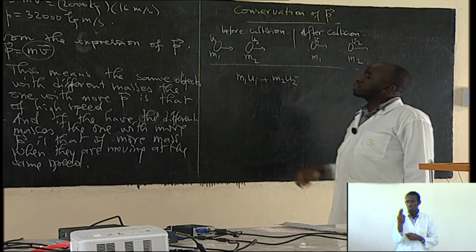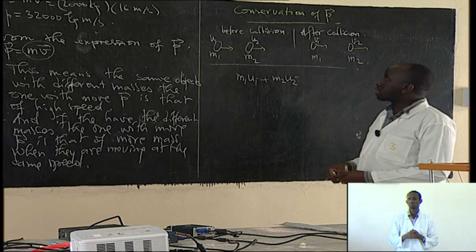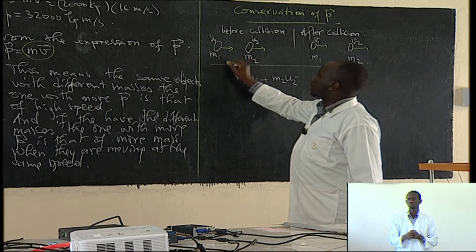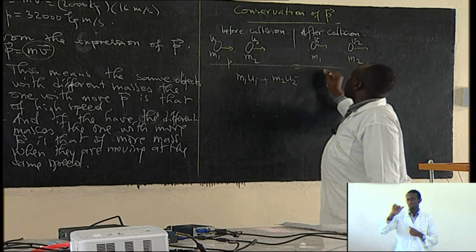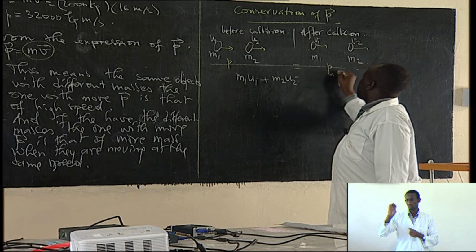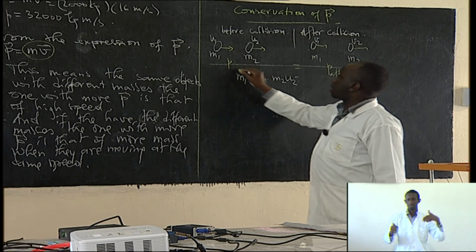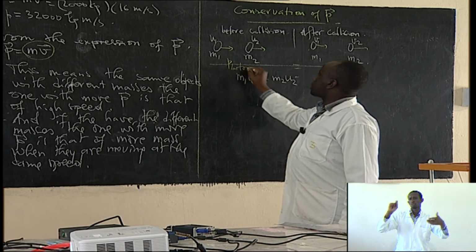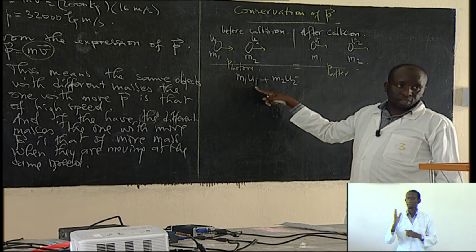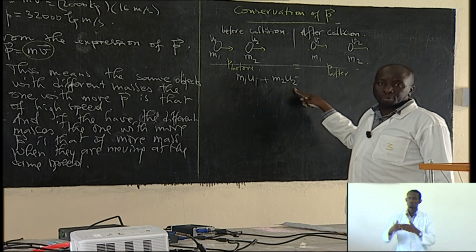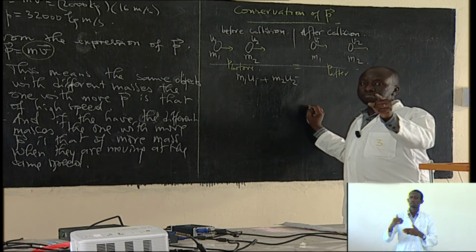This is the linear momentum before. In another way, you can now say this is linear momentum before, and it is going to be equal to linear momentum after. So here it is before, right? And as you see, before it is the sum of the two linear momenta of each individual mass.